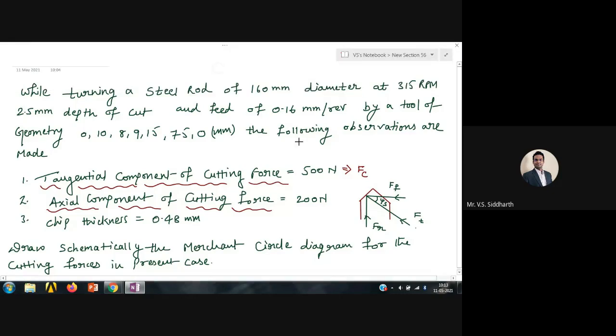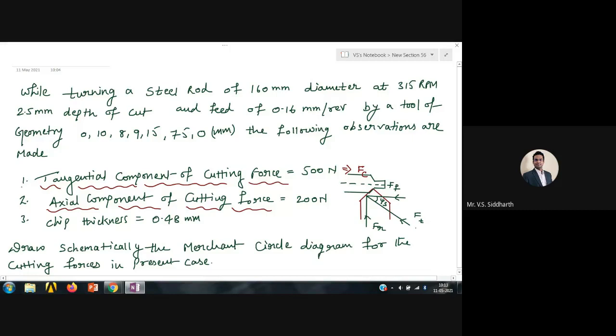Where will the workpiece be? The workpiece will be somewhere here, like this. So what is the axis of the workpiece? This is the axis of the workpiece. Which force is along the axis of the workpiece? Feed force is there, no? This feed force is along the axis of the workpiece.